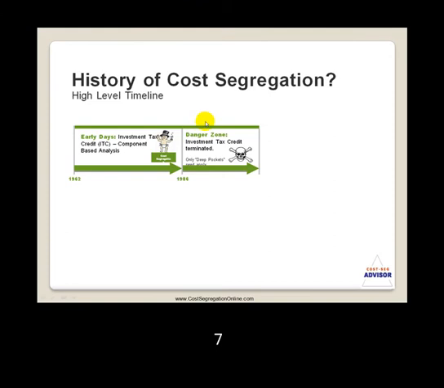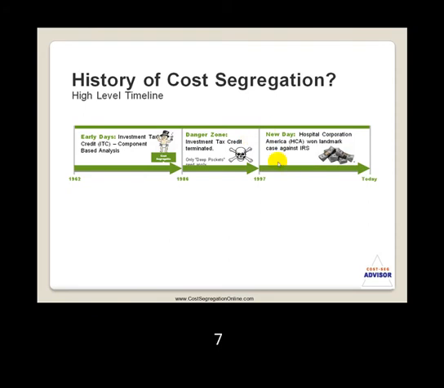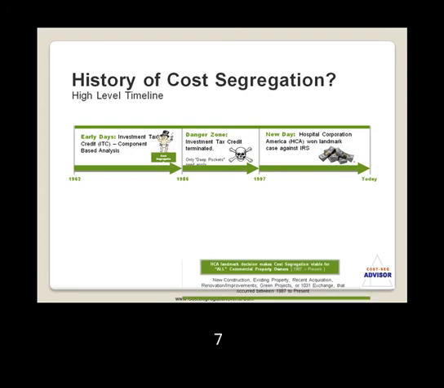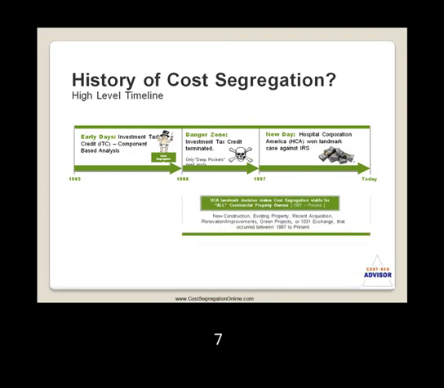And then in 1986, that really ended, and really large companies with deep pockets were really only in position to take advantage of that type of strategy. But in 1999, the Hospital Corporation of America decided to stand up against the IRS and fight for their right to reclassify items and depreciate them quicker. And they ended up winning.